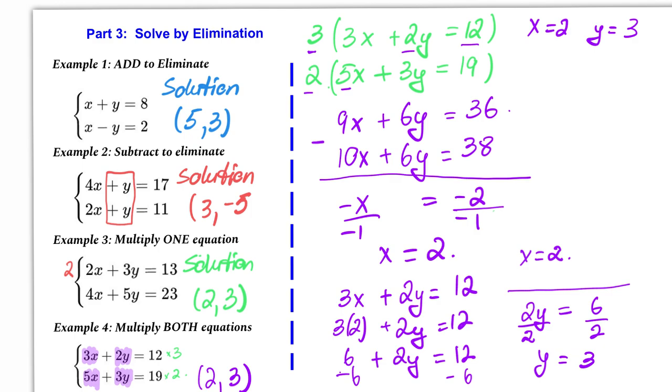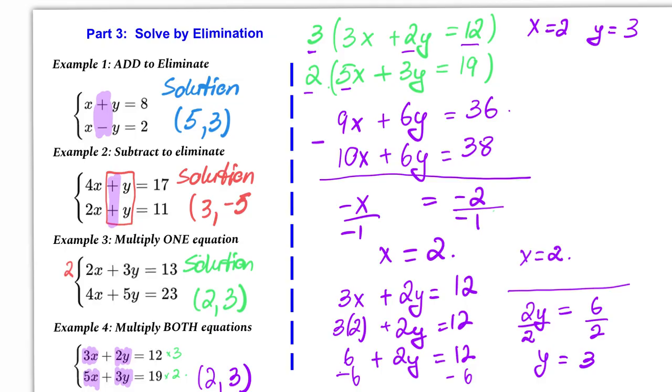Okay, this is pretty much everything that you're going to encounter for your test for elimination. The first thing that you have to answer is, am I eliminating by adding or subtracting? And as you remember, we added when the signs were different. We subtracted when the signs were the same. Then the next one is, am I going to manipulate one of the equations or both equations, and multiply one equation by a number to eliminate one of the variables?